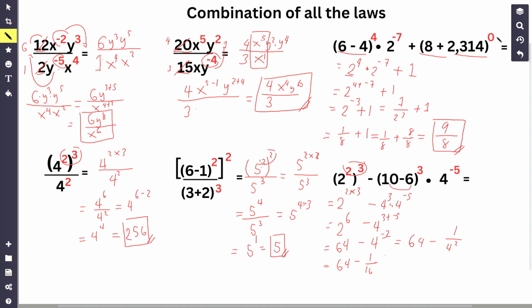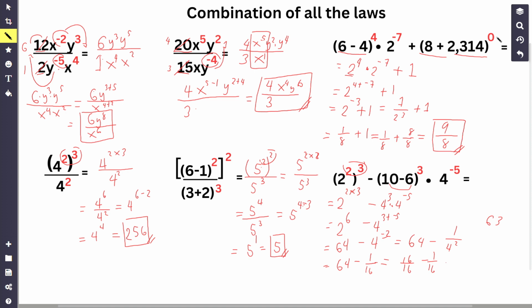So to do this, what I'm going to do is I'm going to take away 1 from 64 because I'm going to get the 1 over 16 from there. So from 64, I'm going to remove 1, so I still have 63. And then from 1 I can make 16 over 16. Now I'm going to deduct 1 over 16 from 16 over 16.